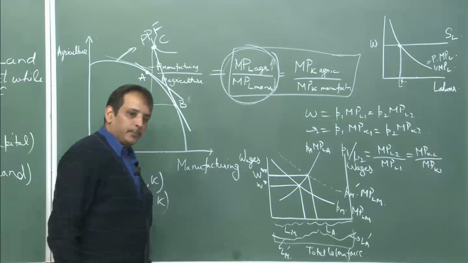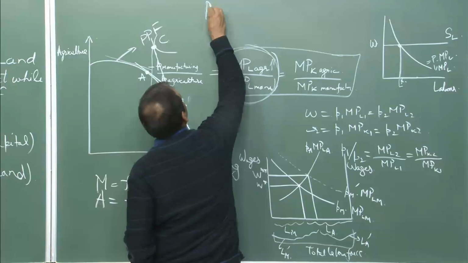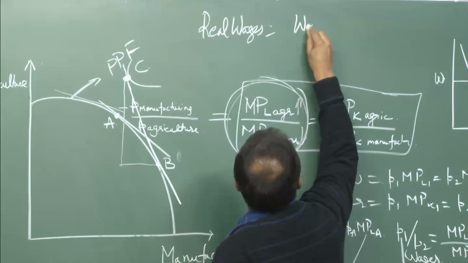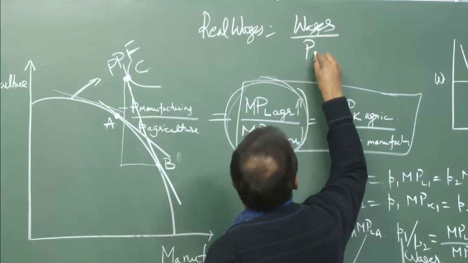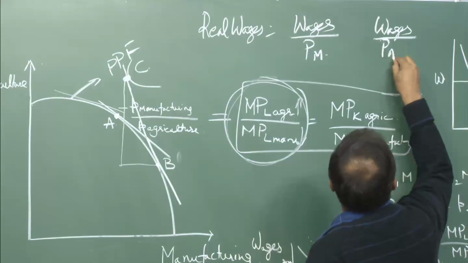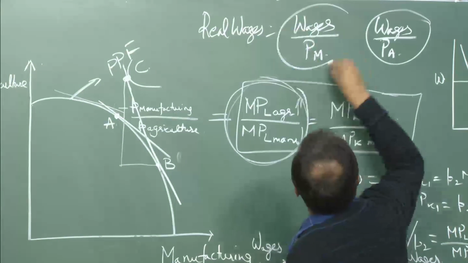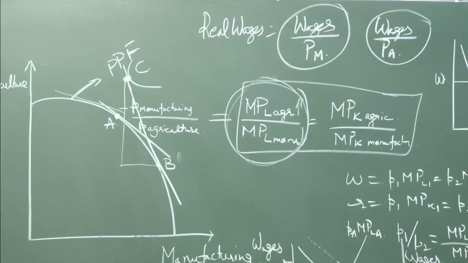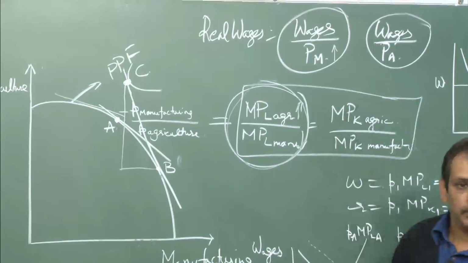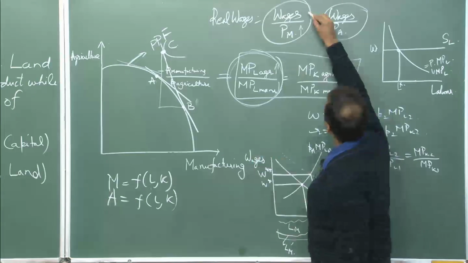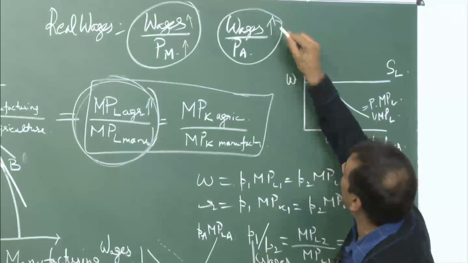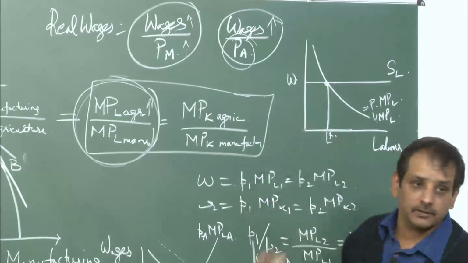Now, what is important is what happens to the real wages, that is wages by price of manufacturing and wages to price of the agricultural sector. What happens to these? Now, remember, price of manufacturing has also gone up, wages have also gone up. Here wages have gone up, price of the agricultural sector has remained the same.